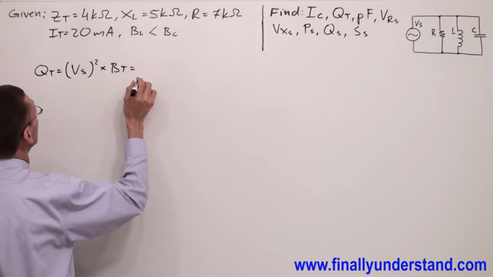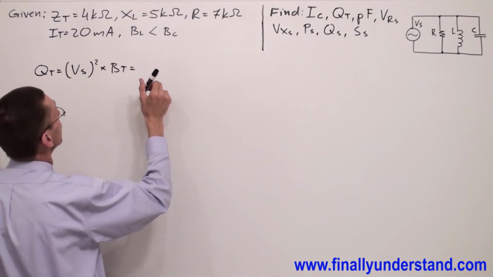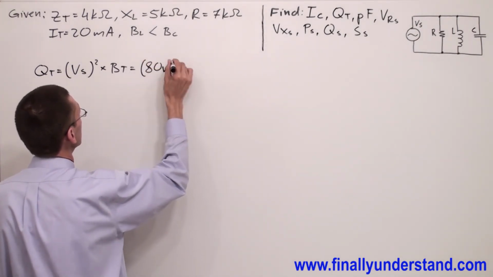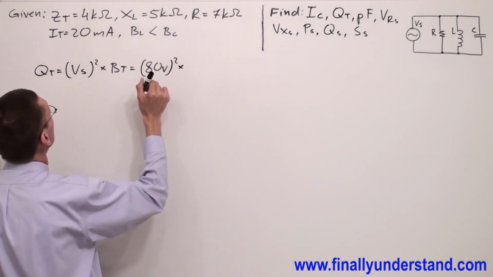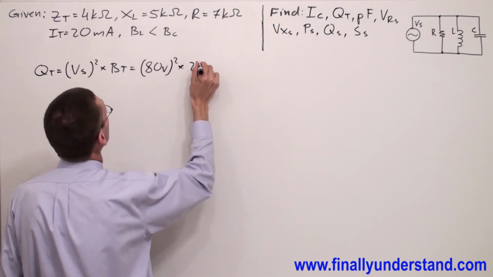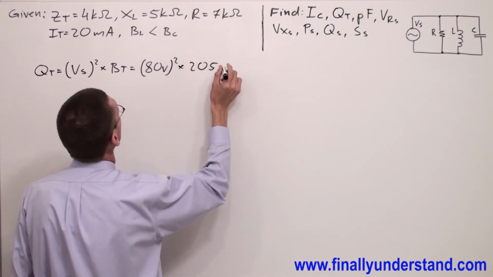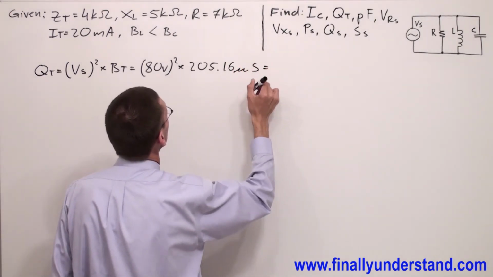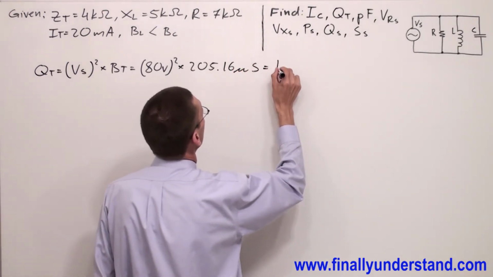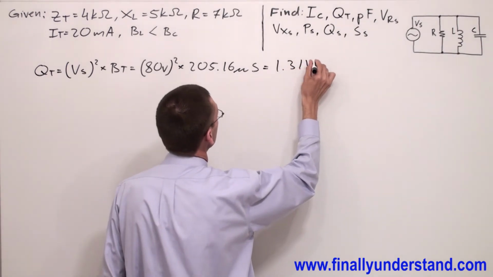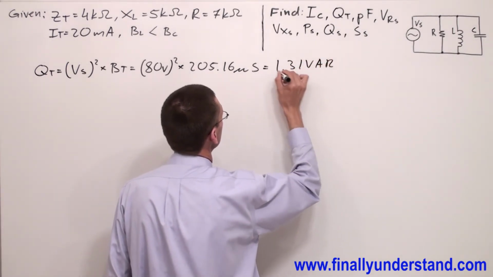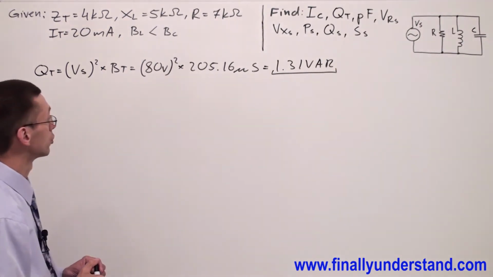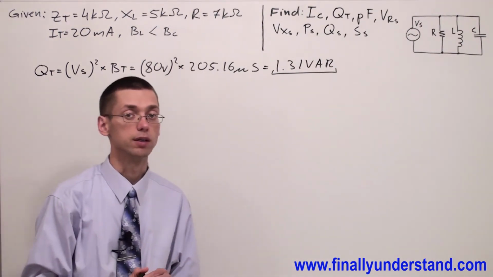This is equal to voltage source we found is 80 volts raised to the second power times B total, 205.16 microsiemens. Everything is equal to 1.31 volt ampere reactive. Okay, so this is my total reactive power in the parallel circuit.